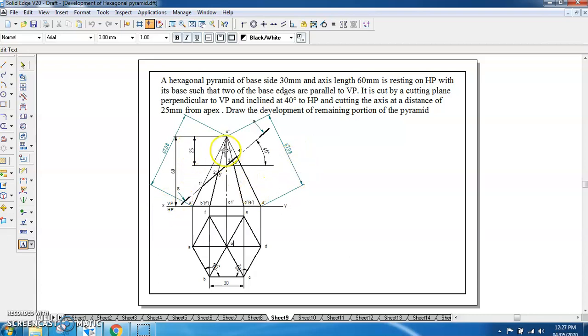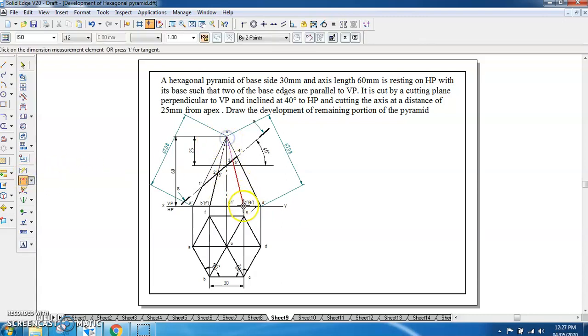So AO and DO are the only two slant edges which represent their true length in the front view. The remaining BO, FO, CO, EO are not representing their true length. If you measure from this point to this point, see here, it is 61.85, which is not the same as 67. So this is the true length, and this is the apparent length of the slant edge.